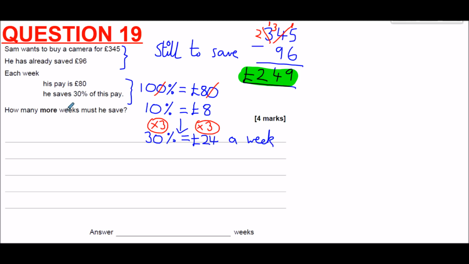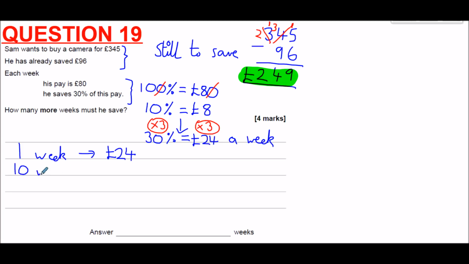So how many more weeks must he save? It's basically how many 24s are needed to get to at least 249. Well, in 1 week's time, he'd save an extra £24, which is nowhere near because his target is 249.